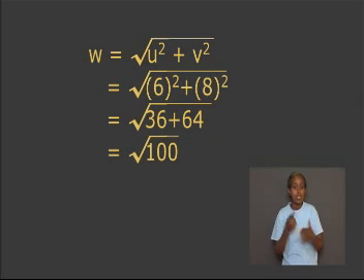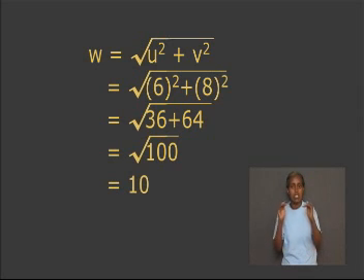That means that the square root of the sum of the squares of the two vectors will give us our total displacement. In this case, the total displacement is equal to 10, as you can see here.